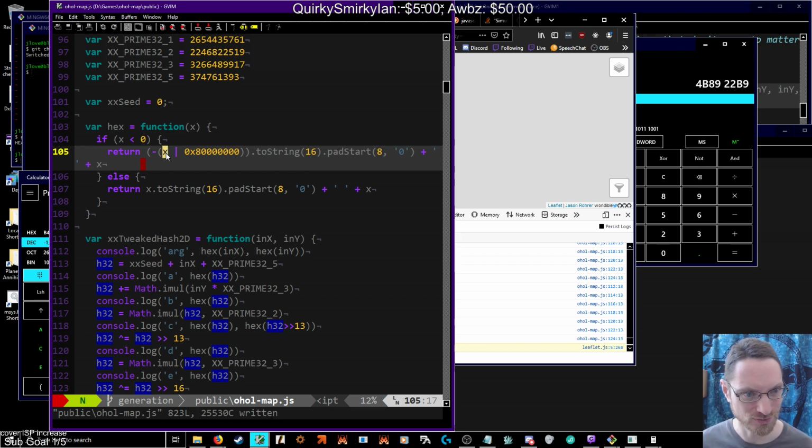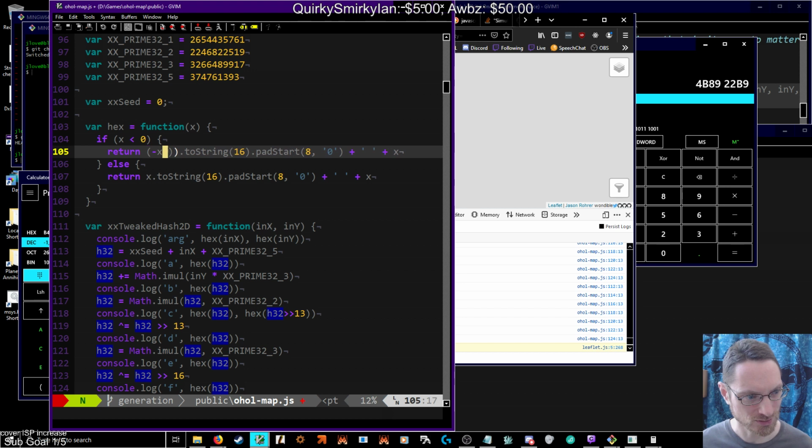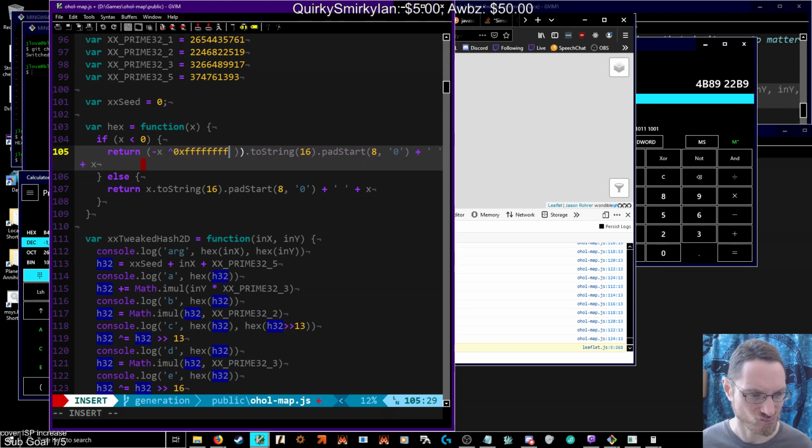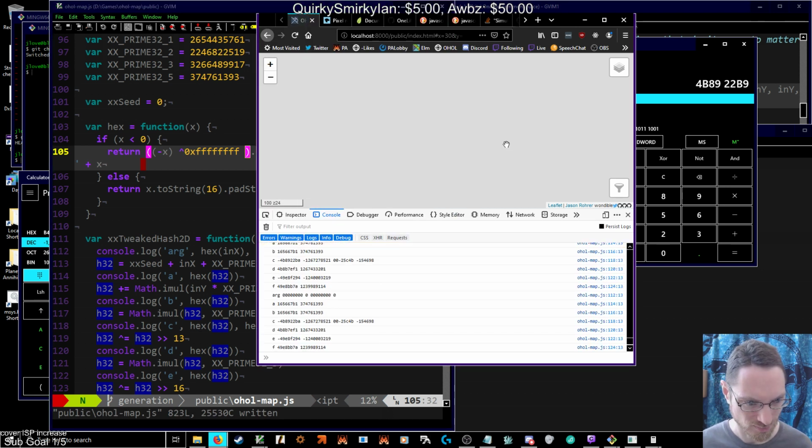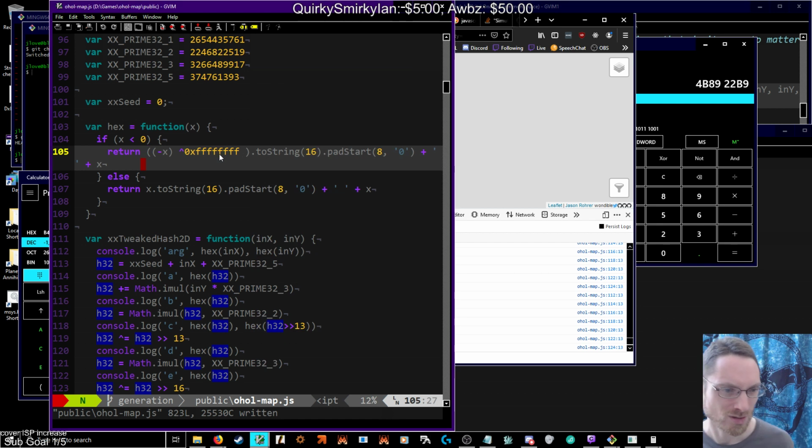If it's negative, maybe we need to take the positive version. We might need to do a +1 here somewhere. And it still manages to be negative. So this is always going to interpret that top bit as negative.